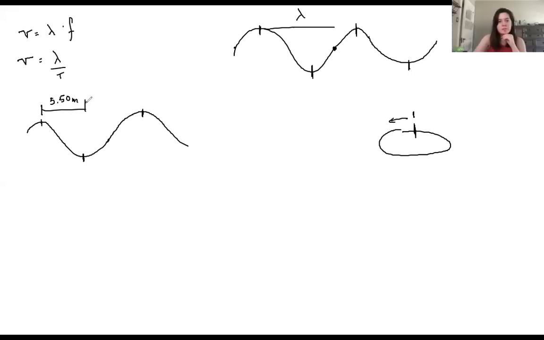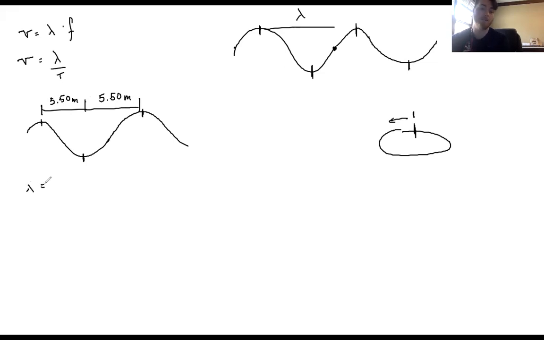So we just times it by 2 or something? Exactly. Right. This distance is also going to be 5.50 meters. So if we want our wavelength, then 5.5 plus 5.5 should be 11.0 meters for our wavelength.